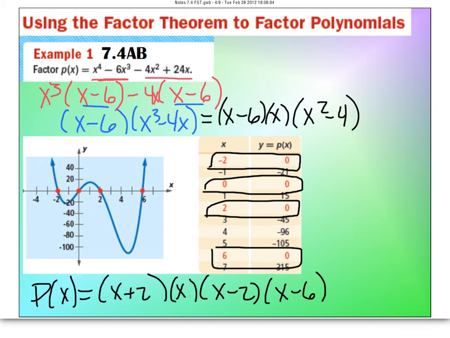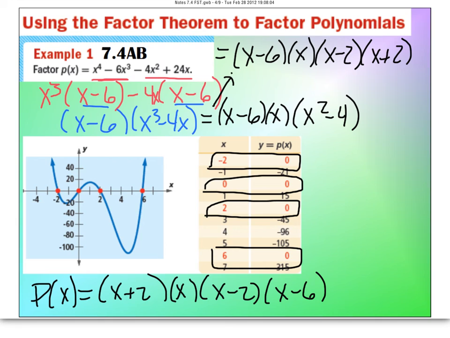Now be careful, this can be factored further. We can factor this into x plus 2 and x minus 2. So the final answer when we factor fully would be x minus 6 times x minus 2 times x plus 2, which shows us that we actually can factor this using algebra quite nicely, but we can back it up if we look at the zeros on the graph.